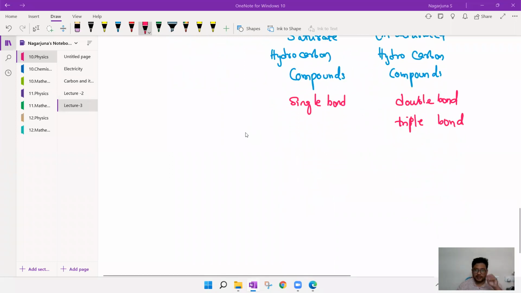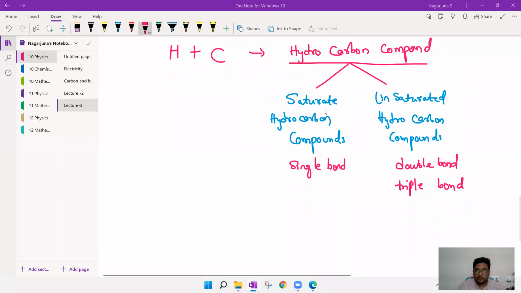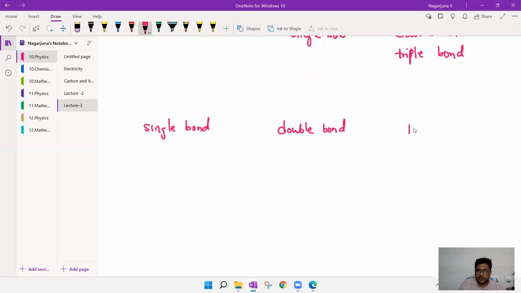Now let us get into somewhat more brief detail. Okay, first let us see hydrocarbon compounds, two types, saturated and unsaturated. Single bond, double bond, triple bond. Now you see, if you find only single bond, of course many hydrocarbon compounds we can mention, name, and draw. Then double bond, at least one double bond, and triple bond.